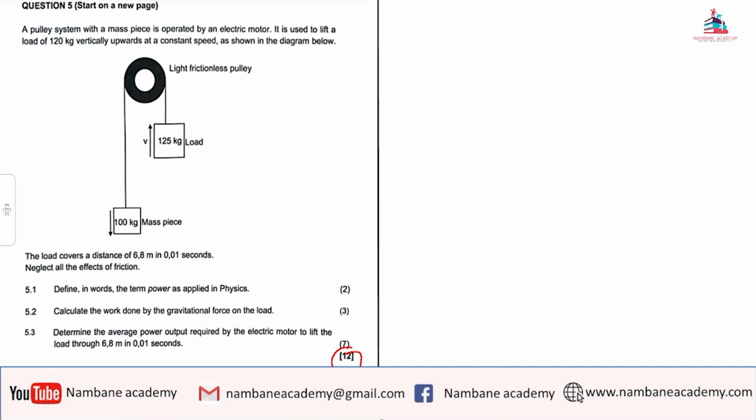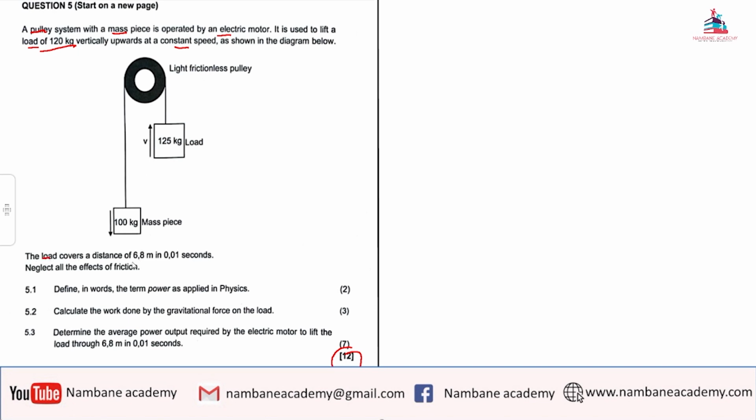To save time, let's get into this question. It says here a pulley system with a mass piece is operated by an electric motor. It is used to lift up a load of 120 in an upward direction with a constant speed as shown in the diagram below.